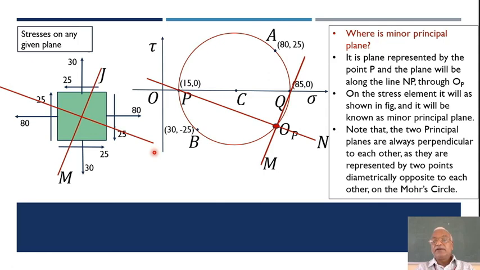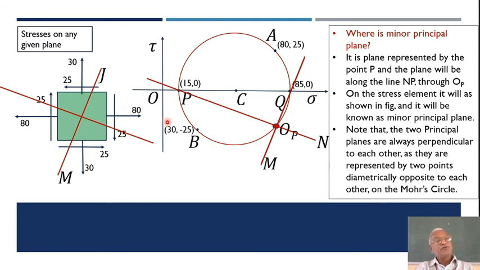It is stated here: note that the two principal planes are always perpendicular to each other, as they are represented by 2 points diametrically opposite to each other on the Mohr circle. And geometry also tells that if you join diametrically opposite points to any point on the circumference, the angle between those two lines will be 90 degrees, right?